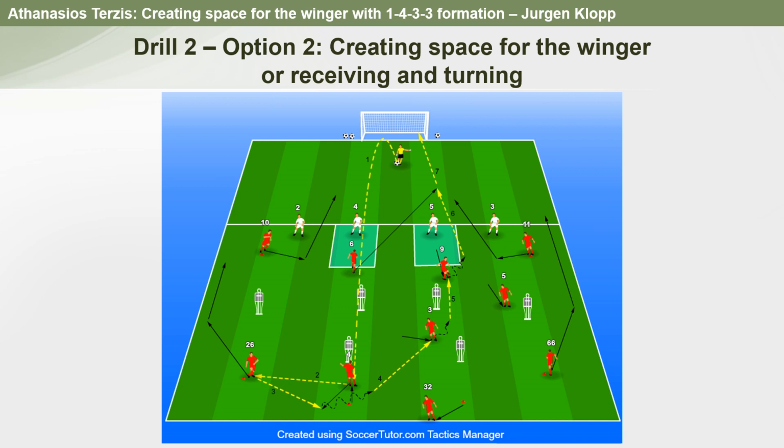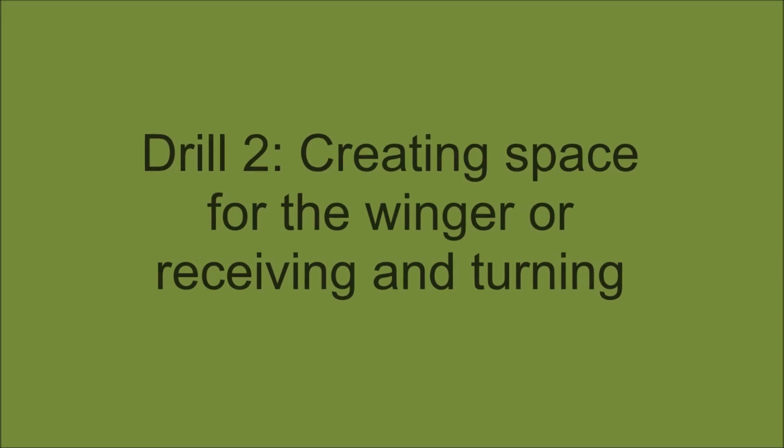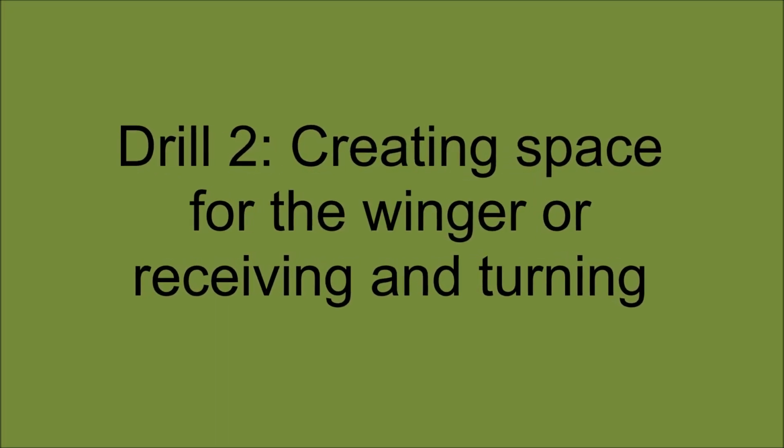This means that number 9 is free of marking and number 3 directs the ball to his feet. The forward of the red team turns between the lines and tries to play a final pass to one of his forward moving teammates in order to score the goal against the 4 defenders and the goalkeeper. This is the animated drill number 2.